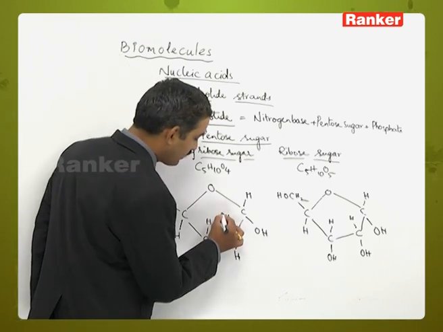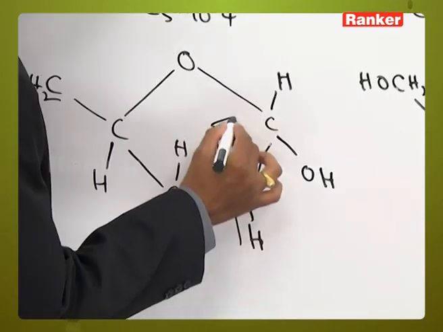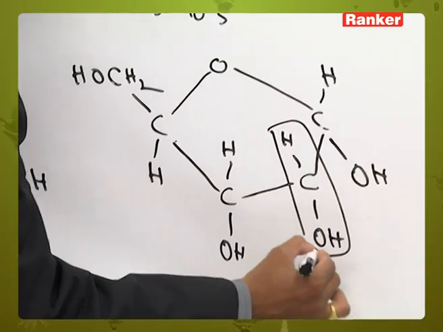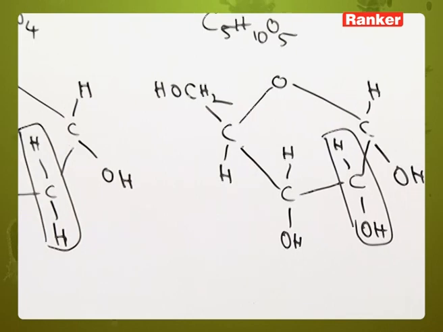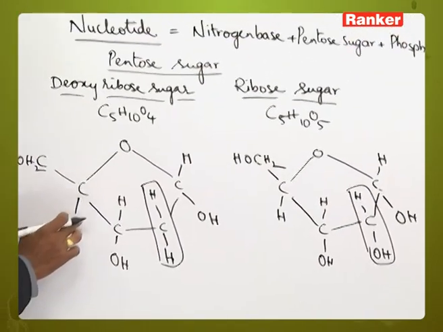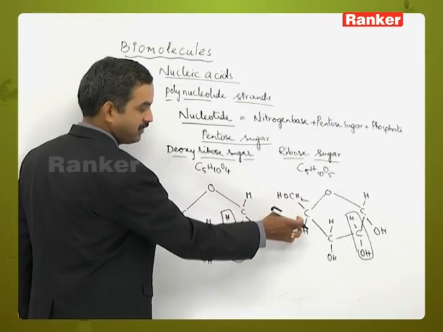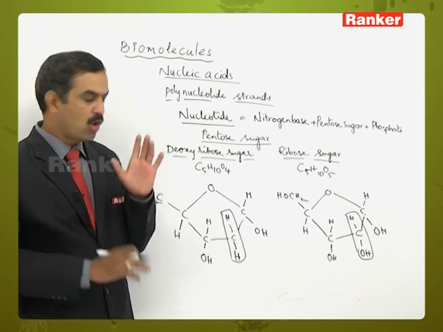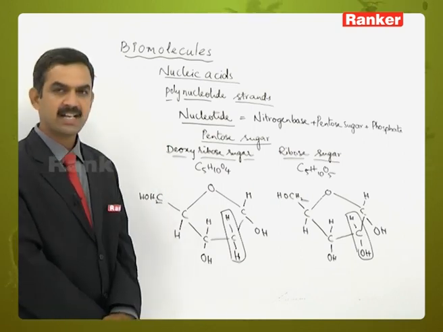So the deoxyribose sugar and the ribose sugar differ in the second carbon position. The third one has hydrogen and hydroxyl, the same, and the fourth one hydrogen and here also hydrogen, fifth one CH2OH, CH2OH. The same composition is there, but they differ only in the second carbon.